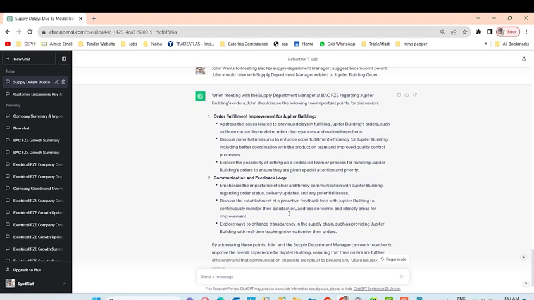So now we are talking about the agenda. Address the issue related to the previous delay in fulfilling Jupiter building orders, then discuss potential measures to enhance order fulfillment efficiency for the Jupiter building, and explore the possibility of setting up a dedicated team to process it and a communication feedback loop. So, okay.